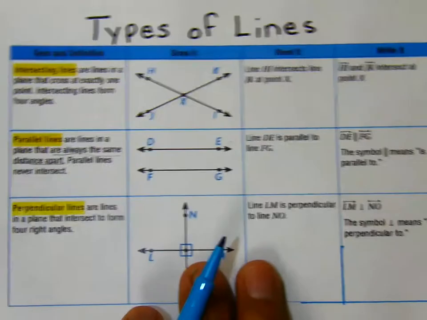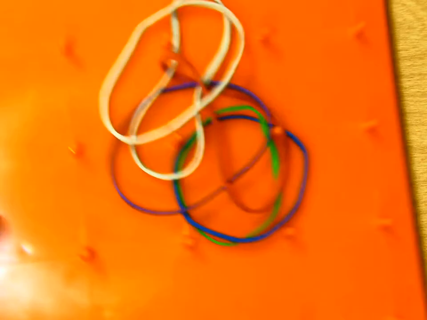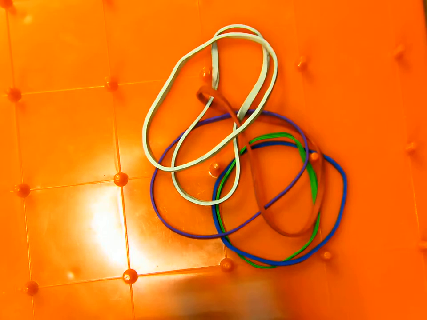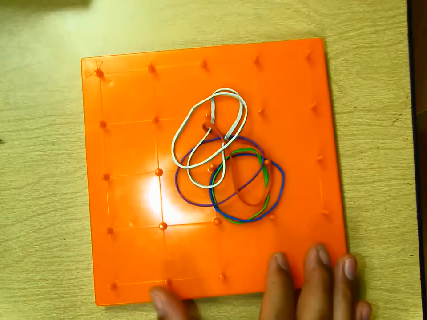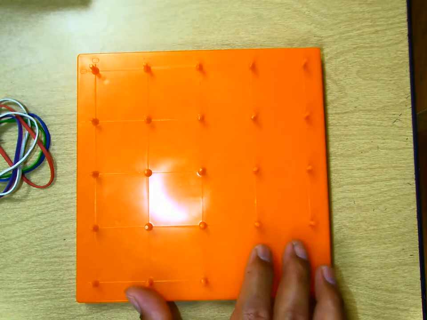All right, so now that we know the three types of lines, now I'm going to show you some of the lines in our geoboard. This is a geoboard. Geoboards have pegs on them, and we use rubber bands to represent lines.